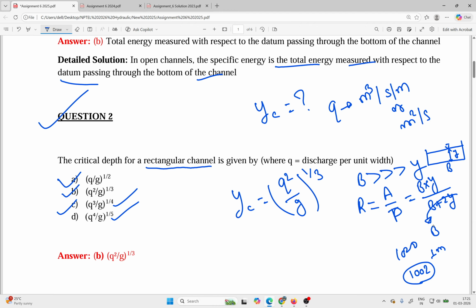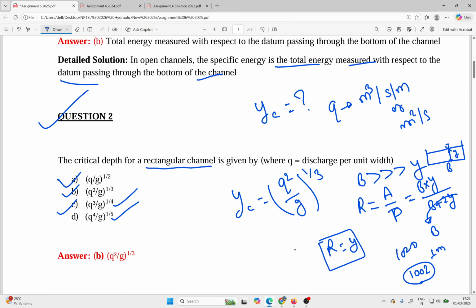So that's why you can write this as B. So the meaning of wide, as written in the question, is that you can consider the width as infinity compared to your depth. So your R will be, B and B will be cancelled out, so R will be Y. So this is the idea. This is the main thing for the wide rectangular channel.